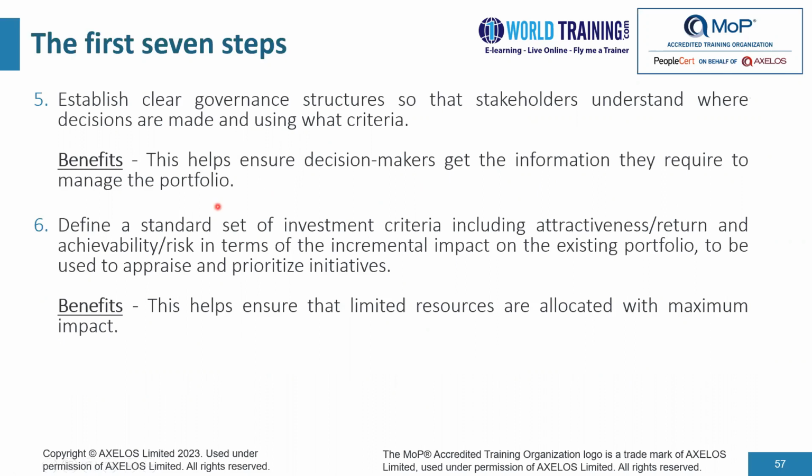Step number 6, define a standard set of investment criteria, including attractiveness/return and achievability/risk in terms of the incremental impact on the existing portfolio, to be used to appraise and prioritize initiatives. This step would help ensure that limited resources are allocated with maximum impact.